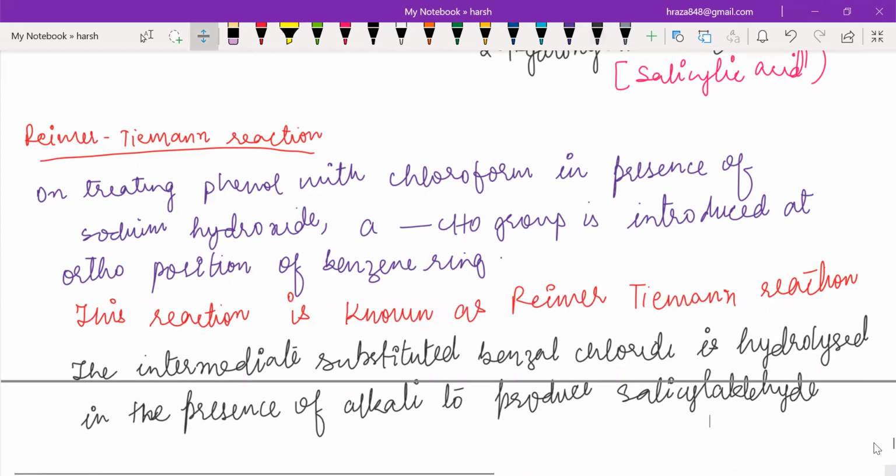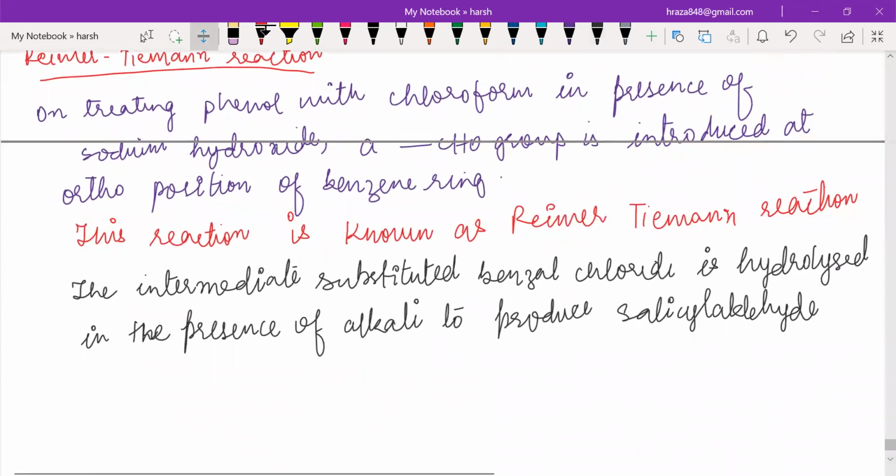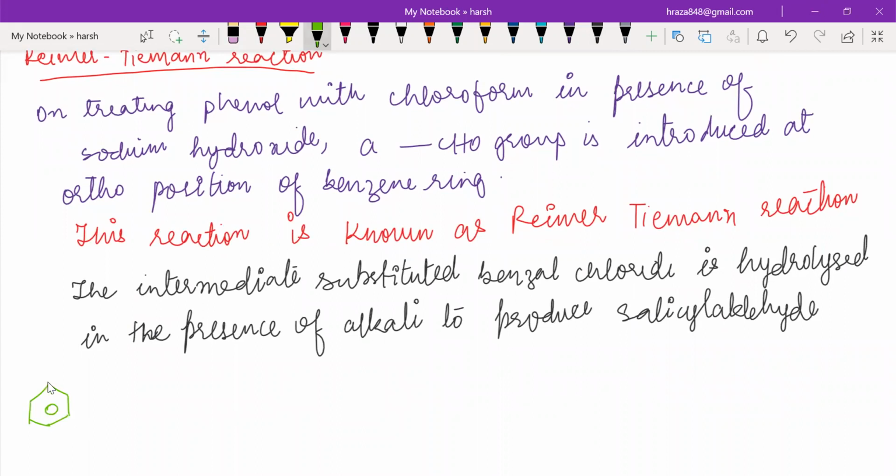You can see the reaction. First, there is phenol, and this phenol is treated with chloroform, that means CHCl3, in the presence of aqueous NaOH, and then an intermediate is formed. This is the intermediate, you can see: CHCl2, O minus Na plus.